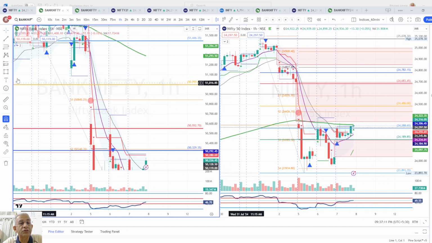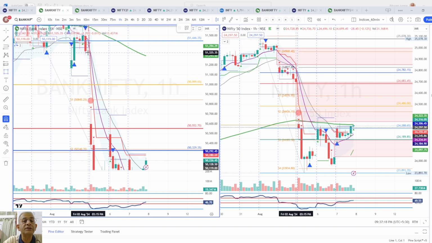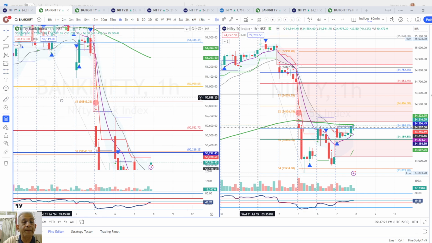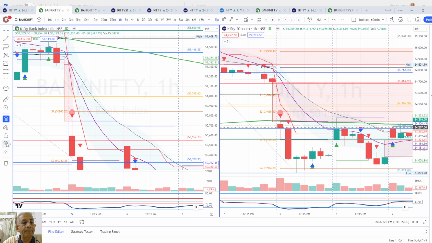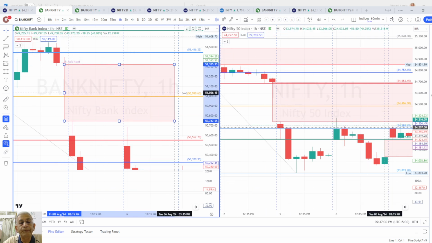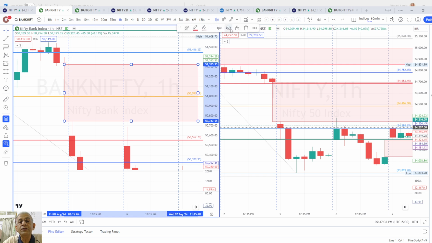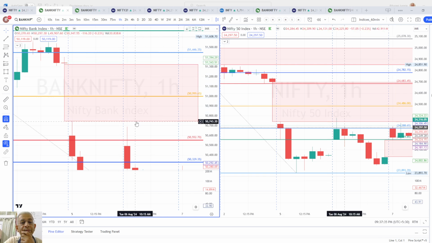However, let me also try to mark the gap down here so that it becomes easier to comprehend. This is the low and this was the high. This will give you an additional level of where Bank Nifty can be seen tomorrow.